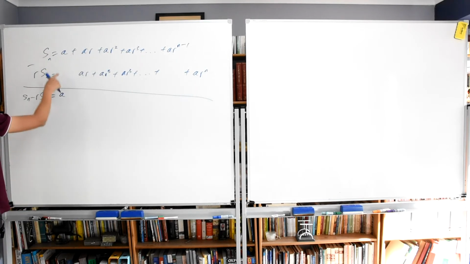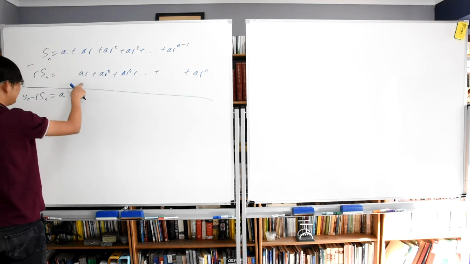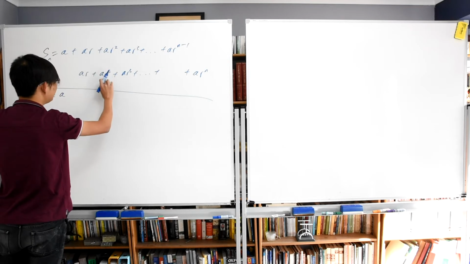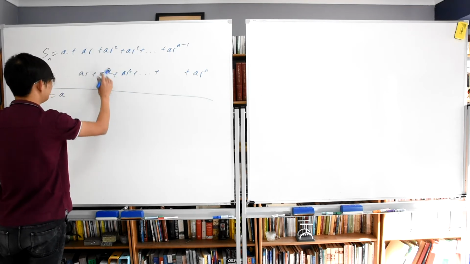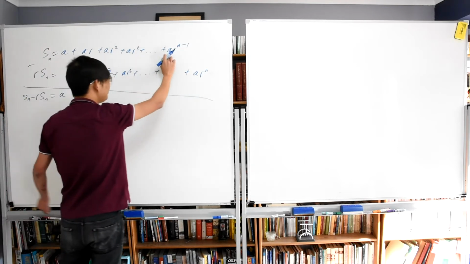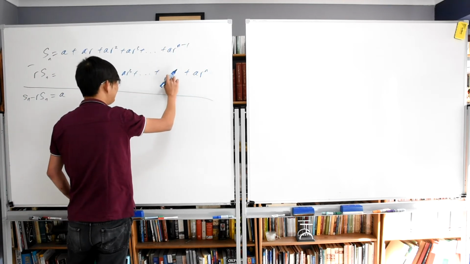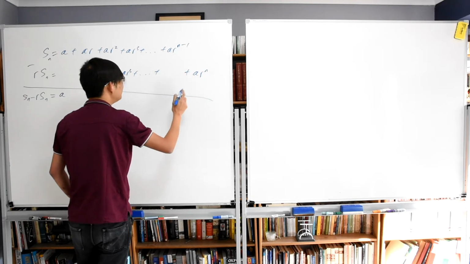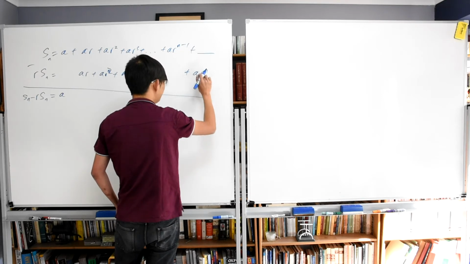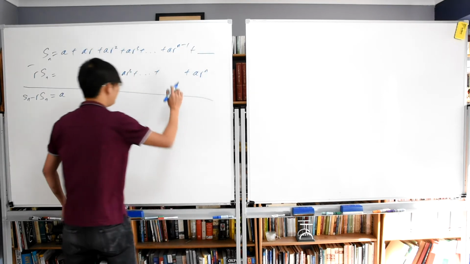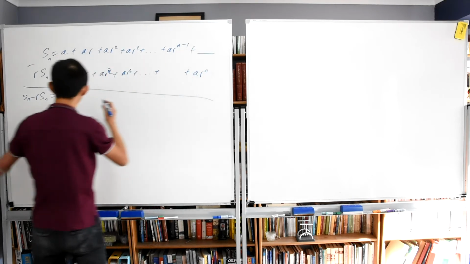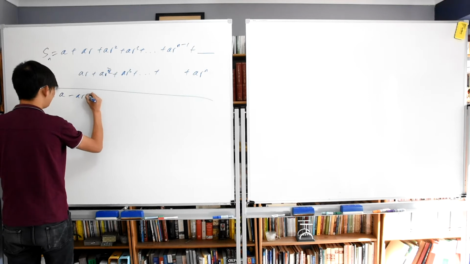Once again, a minus nothing is going to be a. ar minus ar, they're going to kill each other. ar squared minus ar squared is going to knock each other off. ar cubed minus ar cubed is going to knock each other off. ar to the power n minus 1 minus ar to the power n minus 1 is also going to knock each other off. Now we're going to have essentially a blank space here, minus ar to the power n. All we're left with is nothing minus ar to the power n.